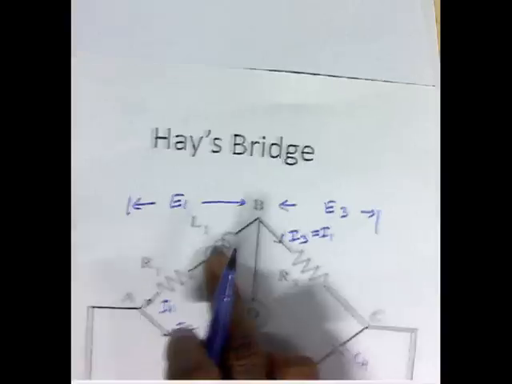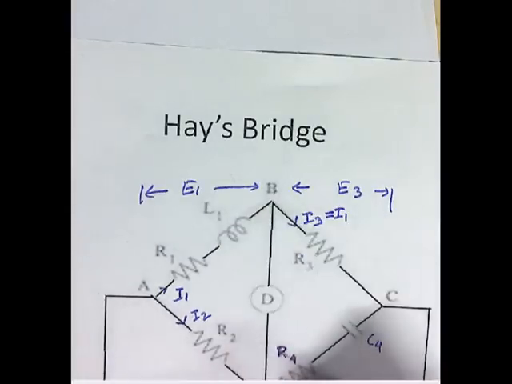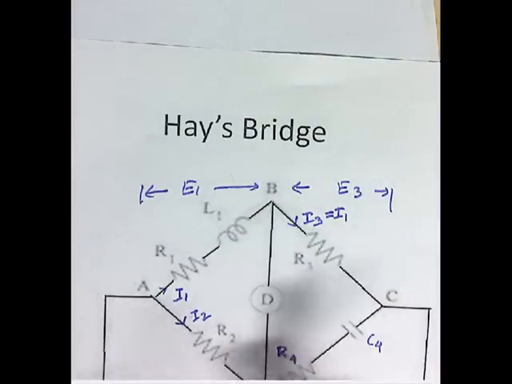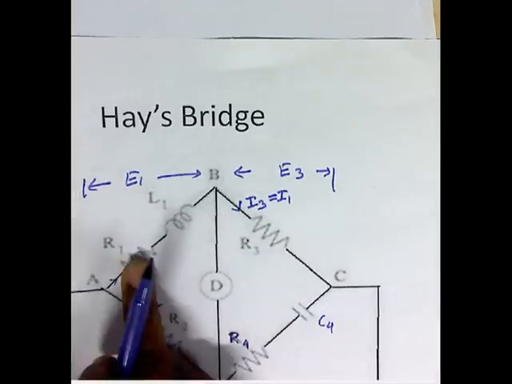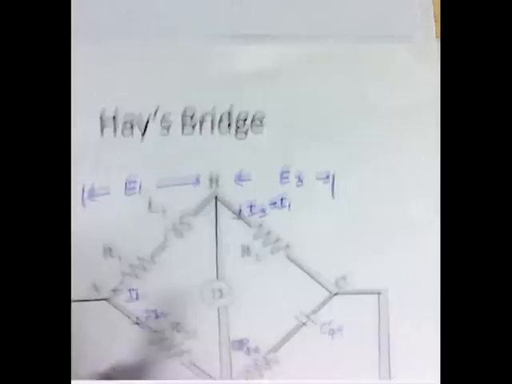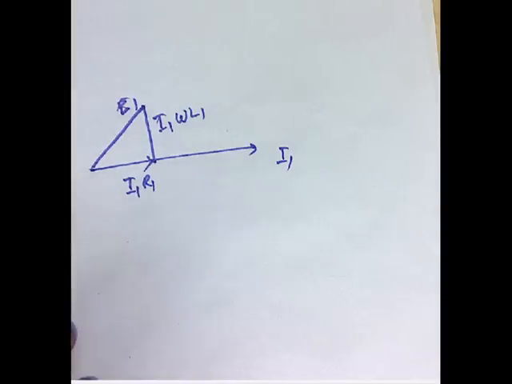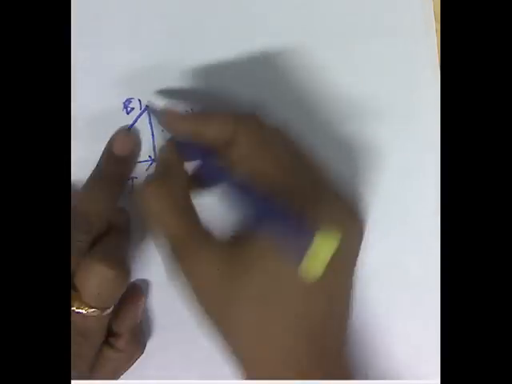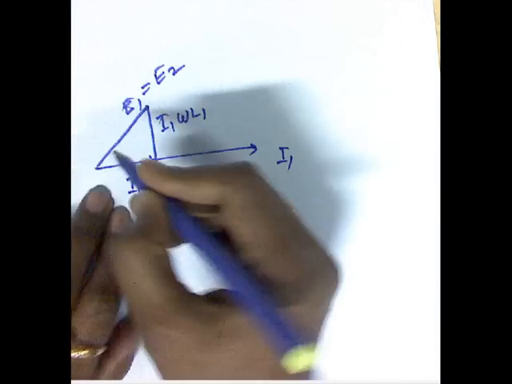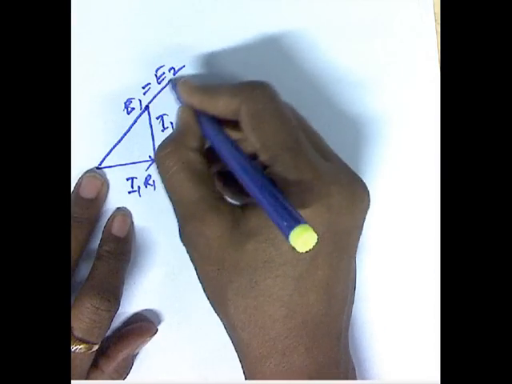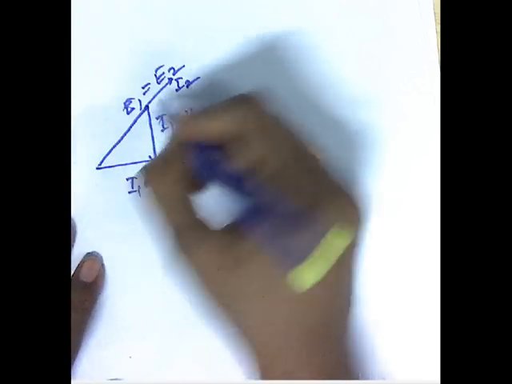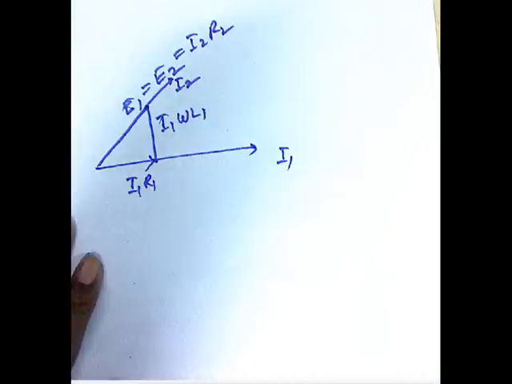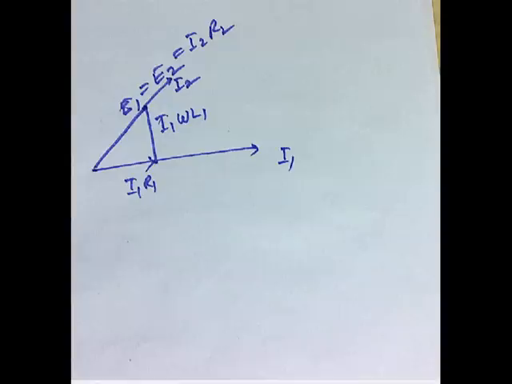And remember that E1 and E2 must be equal as the bridge is balanced, and E2 and E4 must be equal. And E1 plus E3 is equal to E. So E1 is equal to E2. That is I2 is in this direction because E2 is equal to I2 R2.